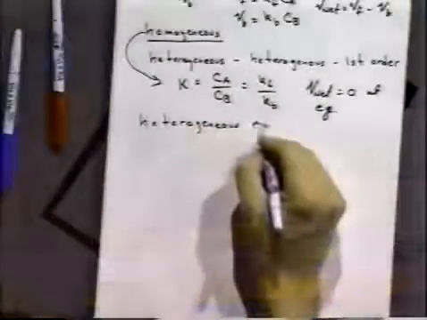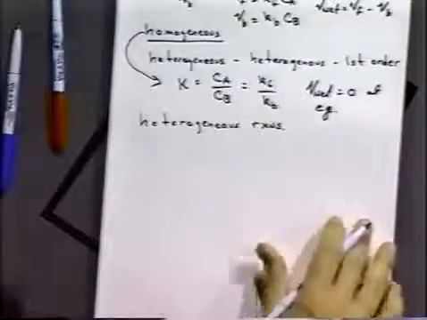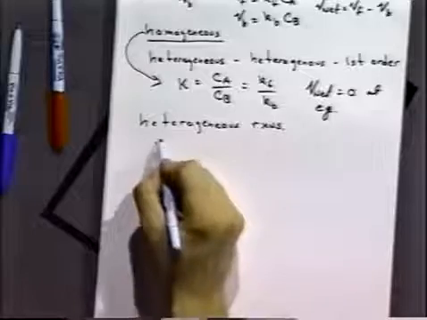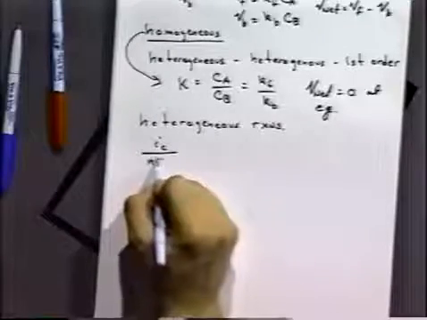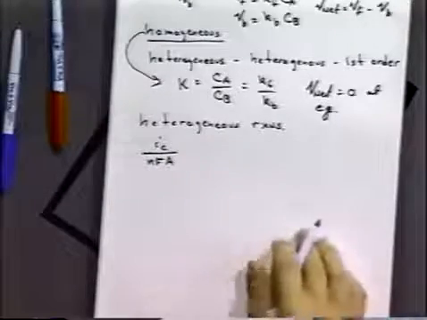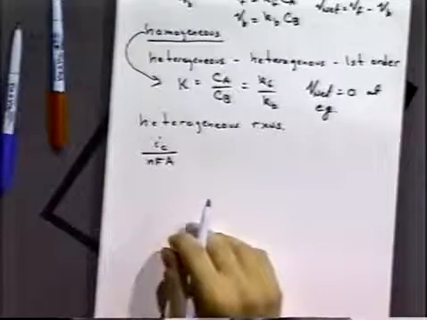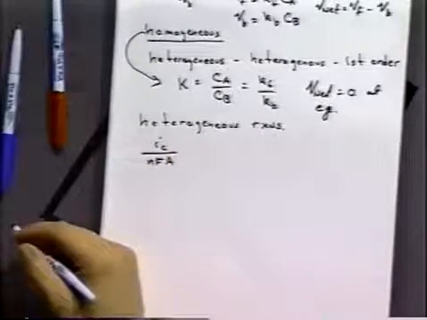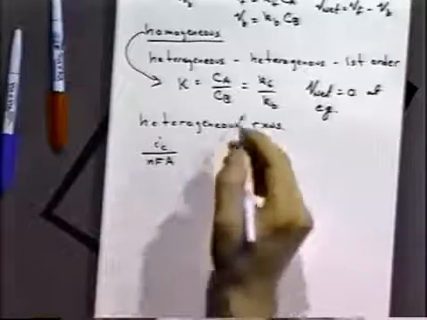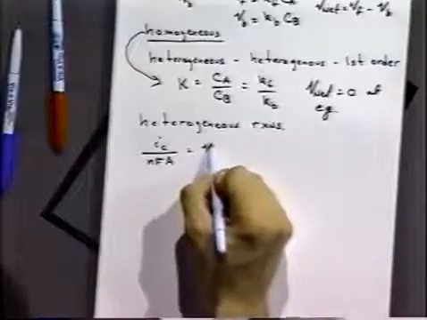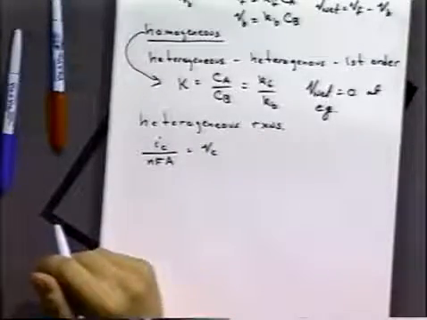Now, let's concentrate, though, on heterogeneous reactions. A term that we've already used to describe a velocity of a heterogeneous reaction is this one, where we have, say, the cathodic current over nFA, which we can describe as a cathodic velocity.